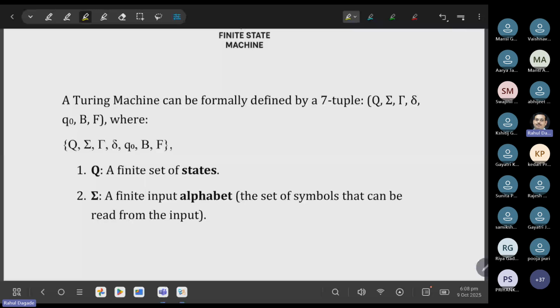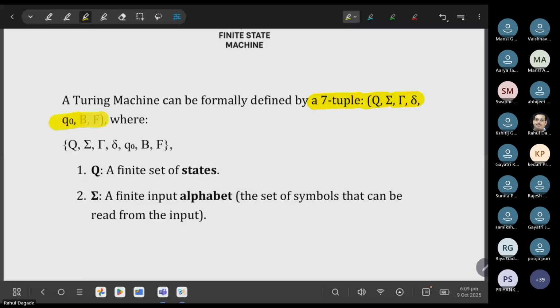So Turing machine is formally defined by a 7 tuple, like we have a 7 tuple for push down automata. So it is Q, sigma, tau, delta, Q0, B, F. So what exactly are these terms?